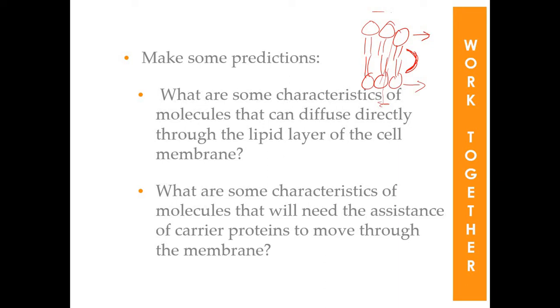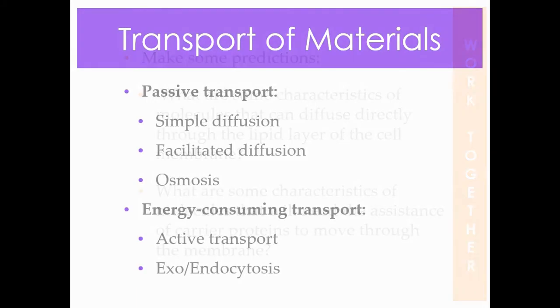Remember that concept. And then, what are some characteristics of molecules that will need the assistance of carrier proteins to move through the membrane? So, how about the molecules that cannot go in or out directly, without any help? So, what do you think are those molecules? Right?